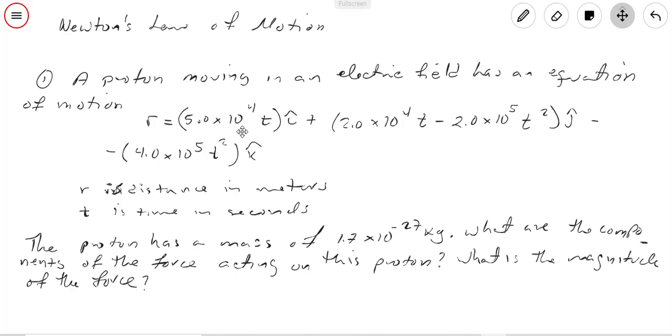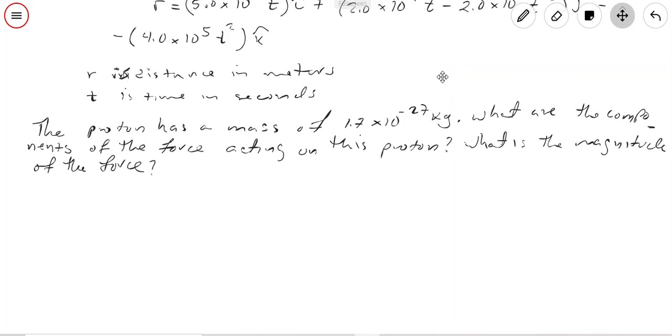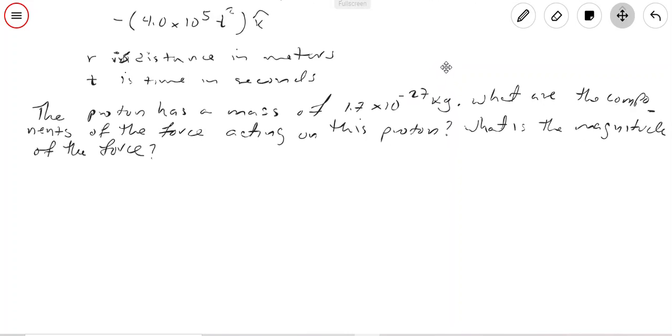Well, we have here the equation of motion. So we know that if we know the position of the proton, we can find, using derivatives, the equation of velocity and the equation of acceleration.